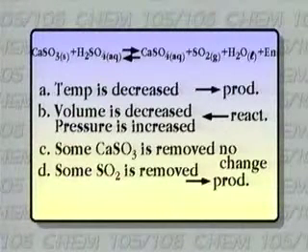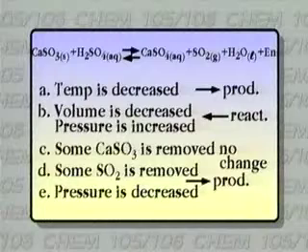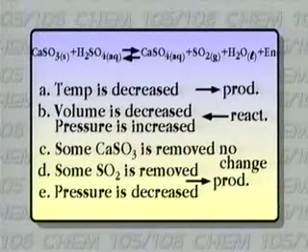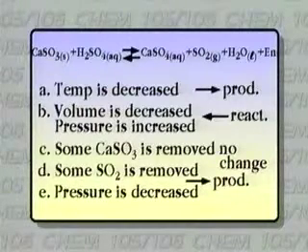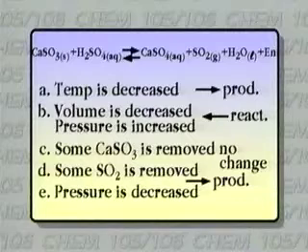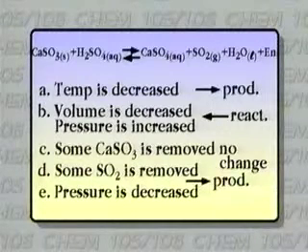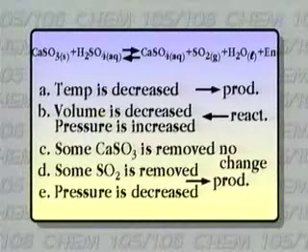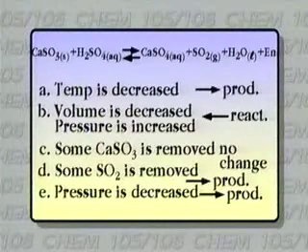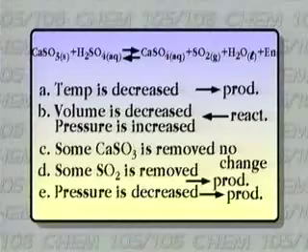The last one here, pressure is decreased. Well, that one we should be able to answer pretty quickly because we just answered part B. We said if the pressure is increased, it's going to move towards the reactant side. So quite obviously, if the pressure is decreased, it's going to move toward the product side. If we decrease the pressure, the only way the system could bring the pressure back up would be to form more gas.